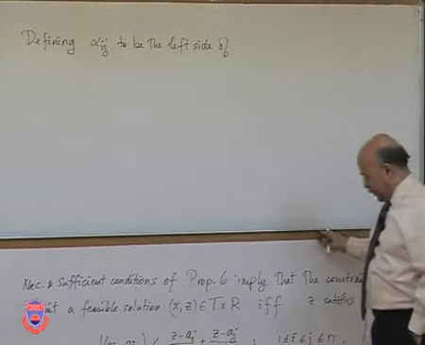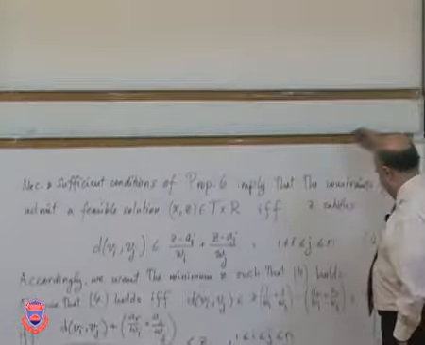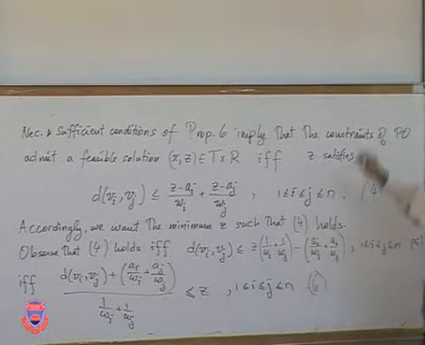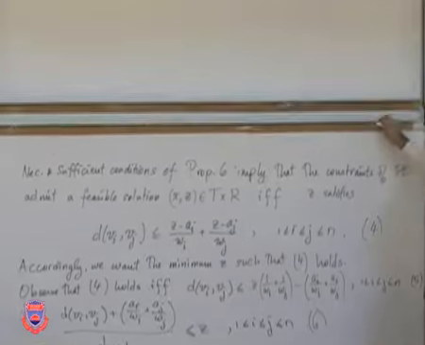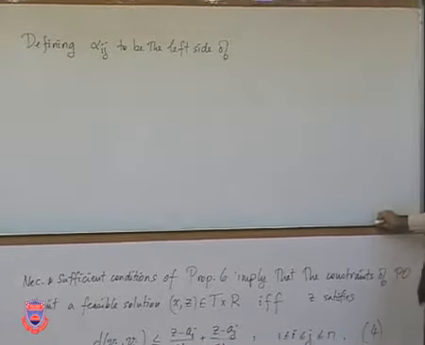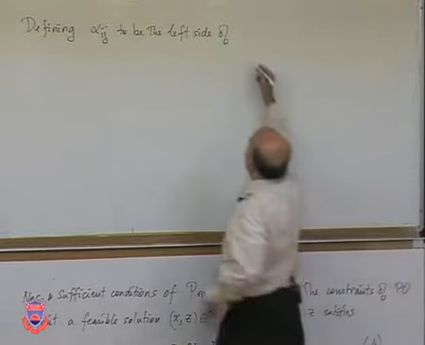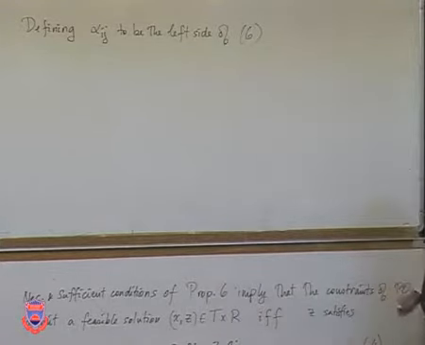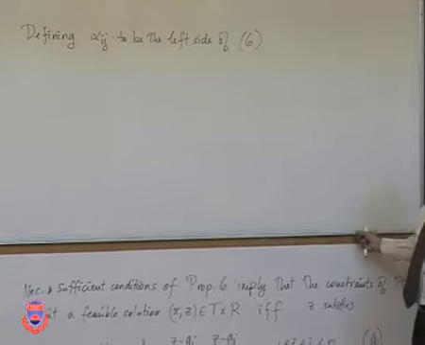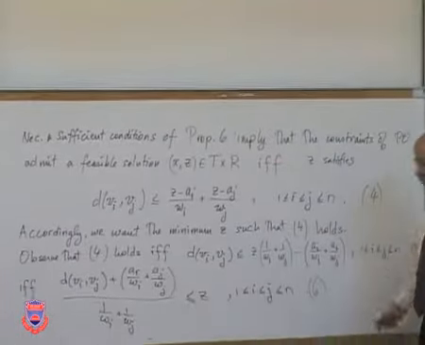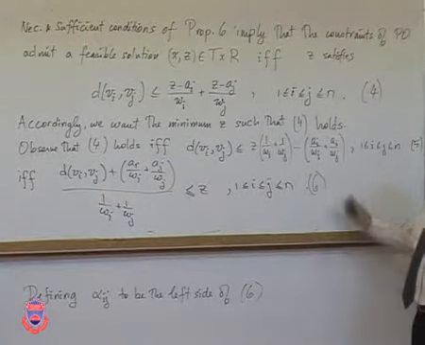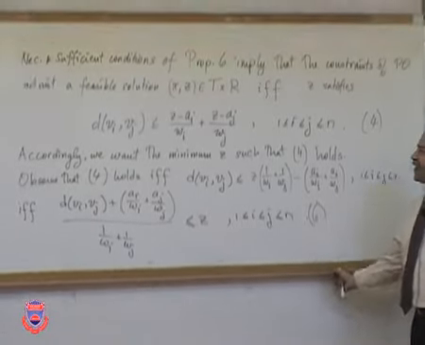So defining alpha ij to be the left side of 6. Maybe I should put this up one more time because the camera may not see it. Okay, so that's number 6.